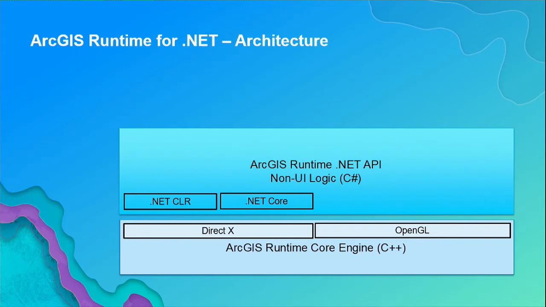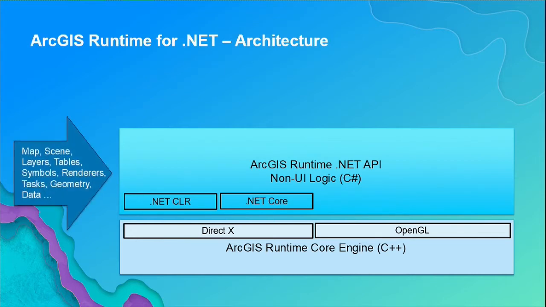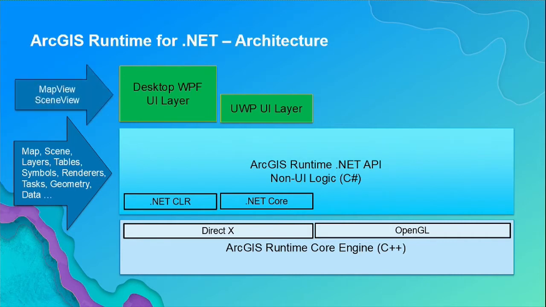For .NET, for example, we have a layer for the .NET API using .NET Framework, and that's going to contain all of your non-UI things: maps, layers, data, tables, symbols, renderers. On top of that, we have our UI layer for desktop, for WPF, and for Universal Windows Platform. In the UI layer, there's only one type of control. It's called a GeoView, and the GeoView has two flavors: MapView for 2D data, SceneView for 3D data. Essentially the same type of thing.